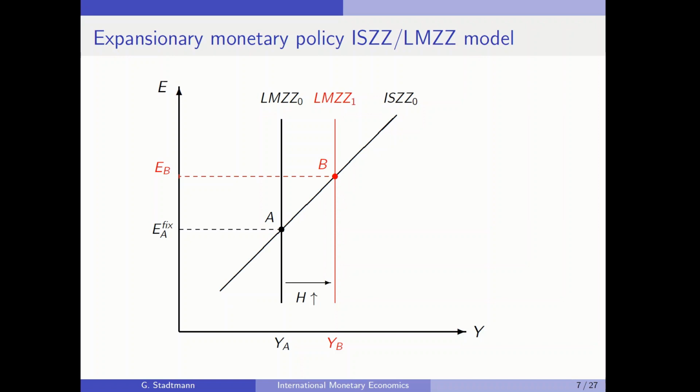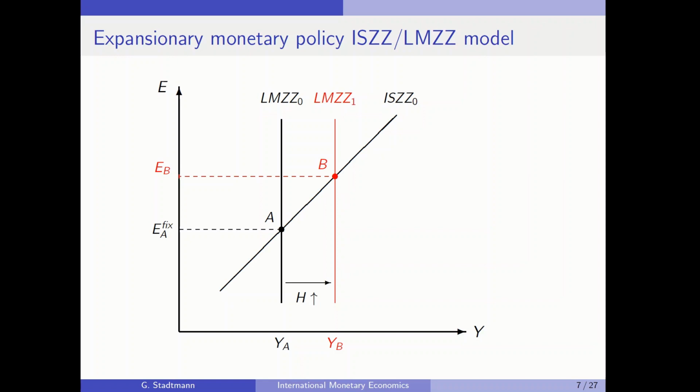There is some pressure that the exchange rate increases, and the central bank is forced to intervene at the foreign exchange market to defend the fixed exchange rate level EA. So in scenario B, there is some pressure that the domestic currency is the weak currency and the foreign currency is a strong currency.